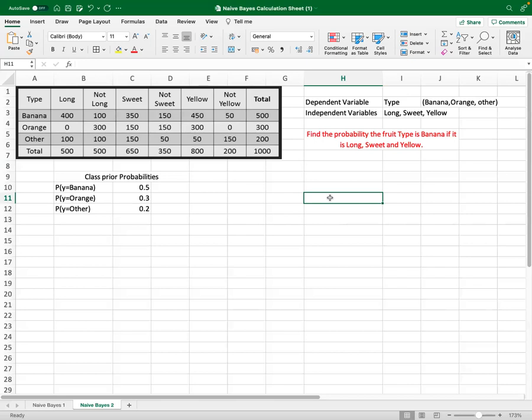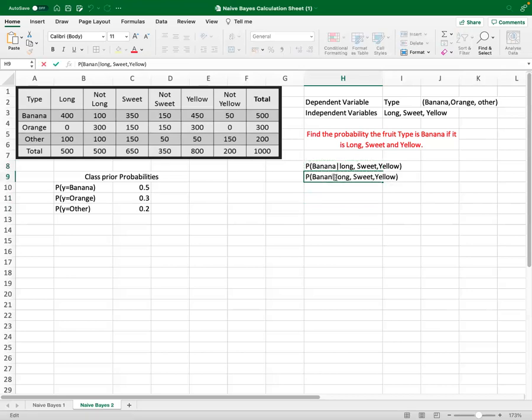So that means we have to calculate three probabilities. The first one is the probability of it being banana if it is long, sweet, yellow. Similarly, we also need to find the probability of the fruit being orange if it is long, sweet, and yellow.